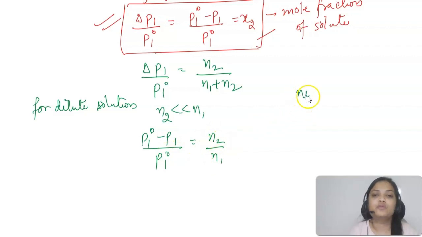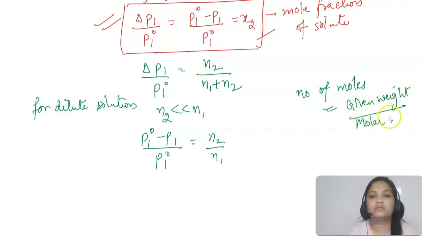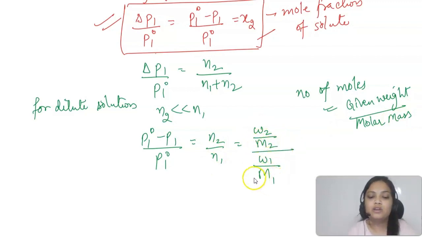Now students, you know that number of moles का formula क्या होता है? The given weight, or given mass, upon molar mass, right? तो यहाँ पर हम लिख सकते हैं W2 upon M2 for the solute and W1 upon M1 for the solvent.